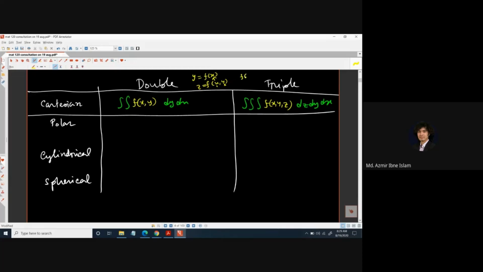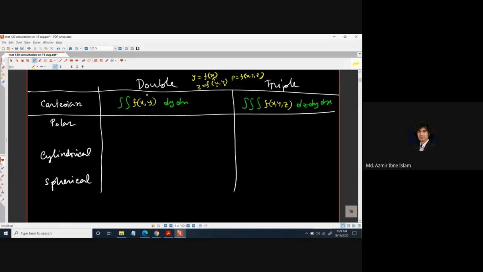Similarly, if we have f of x comma y comma z, and let's say the result is p, that means the output is p. So p is the dependent variable or output variable, but x comma y comma z are input variables. Remember, if you have a variable inside the parentheses, those variables are called the input or independent variables.